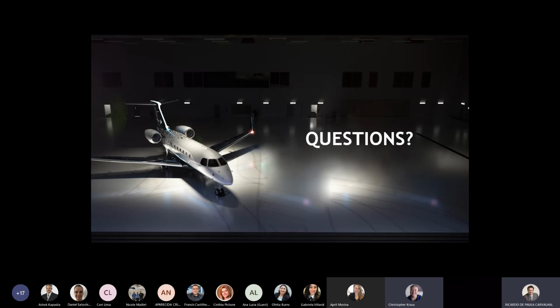Okay, hi. Yeah, real quick. Regarding the emergency exit being in the cabin, I know we used to offer it for the Legacy 450, 500. So I'm just wondering why we don't offer it for the Praetors.